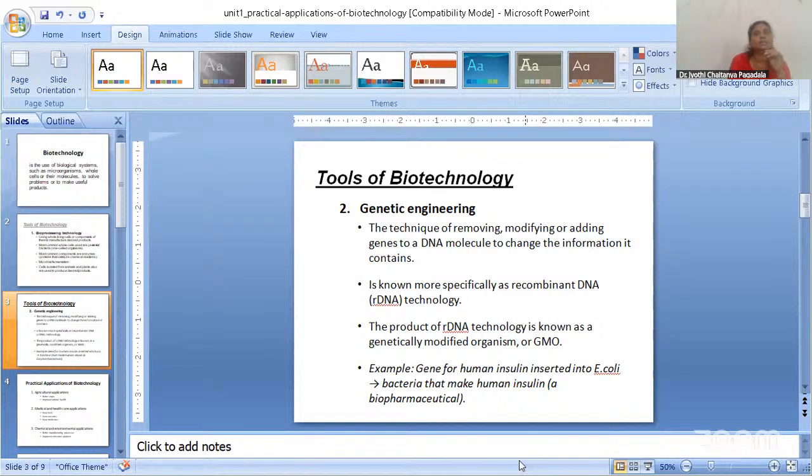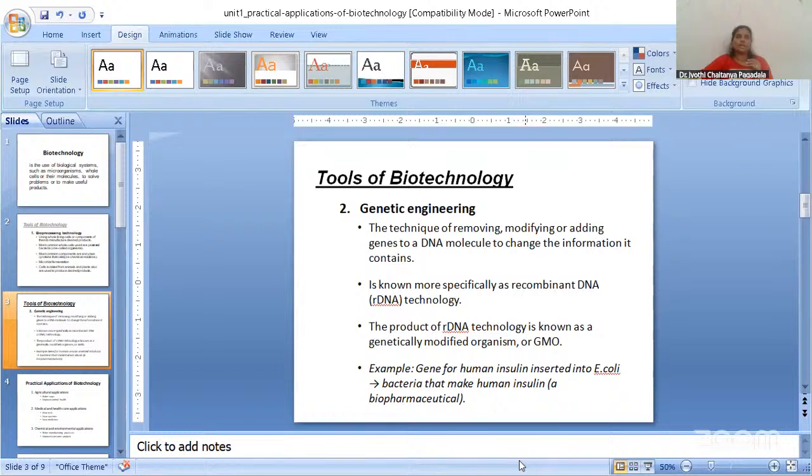In addition, alternative types of marker genes have been developed which are related to plant metabolism, such as phosphomannose isomerase, xylose isomerase, and others.